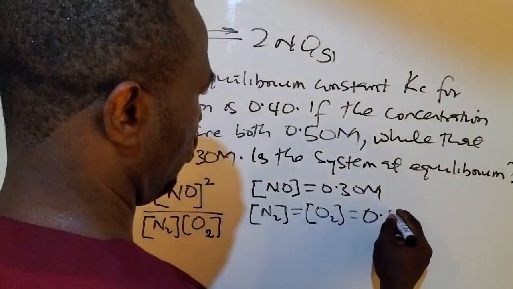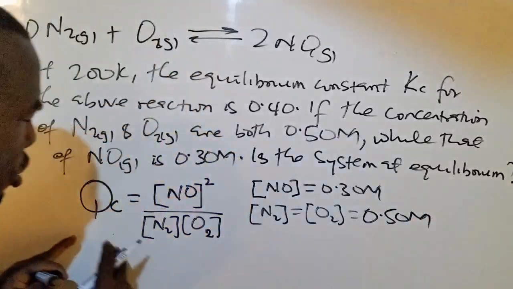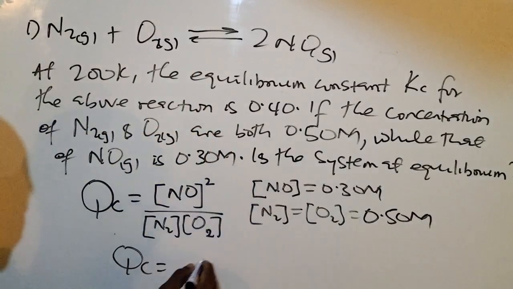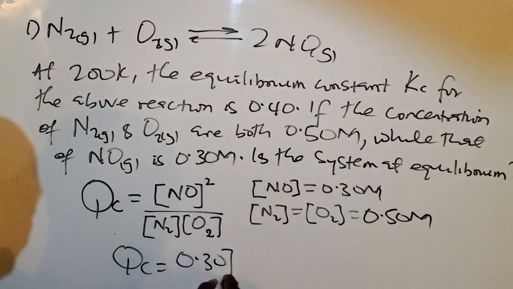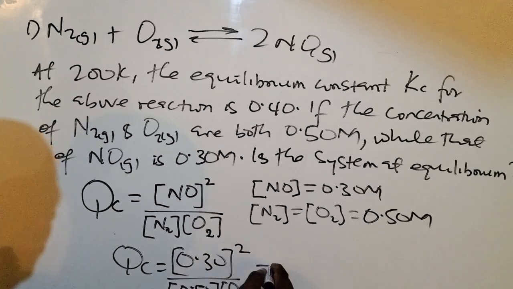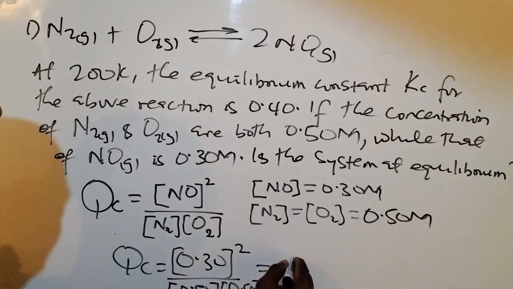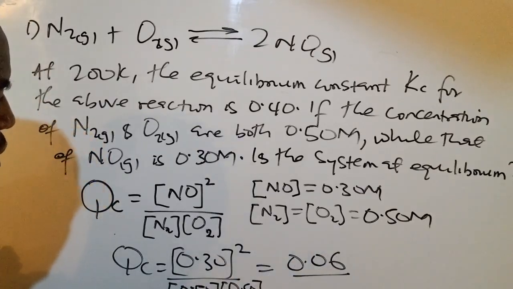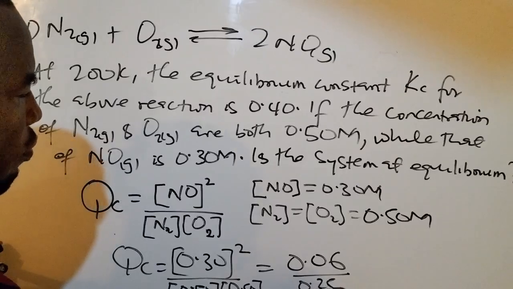With these values, we calculate our Qc by substitution: 0.30 all squared, over 0.50 multiplied by 0.50.